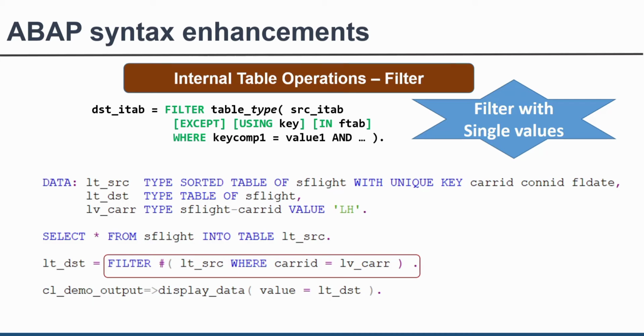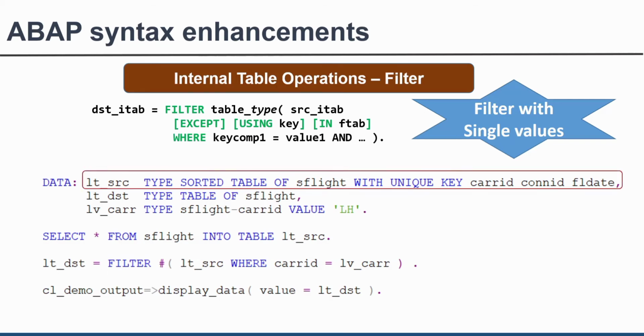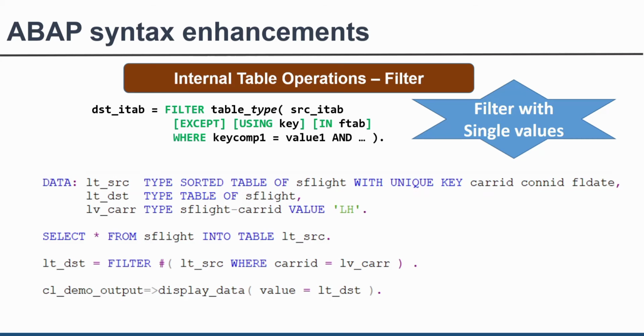But there are some prerequisites that you have to take care of. First, the internal table on which the filter operator is used must have at least one sorted key or hash key used for access. Also, Boolean operators like not or equivalent cannot be used inside the where condition.